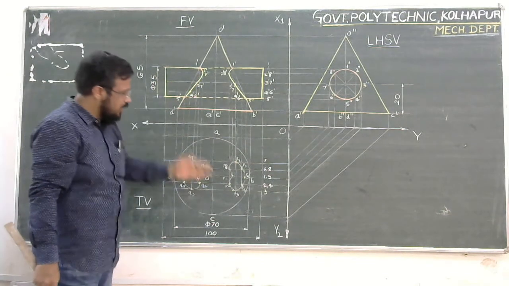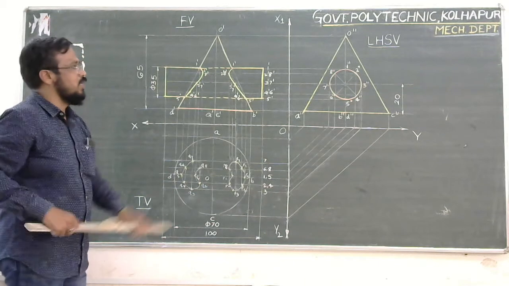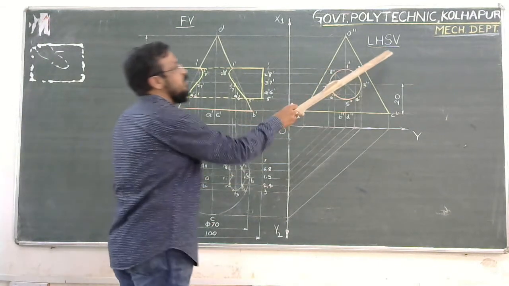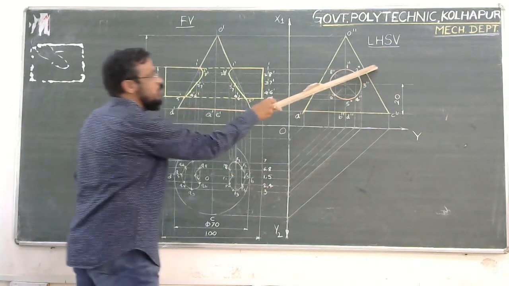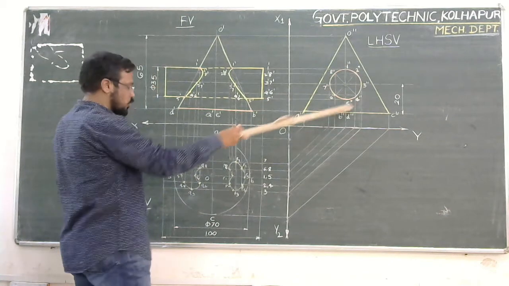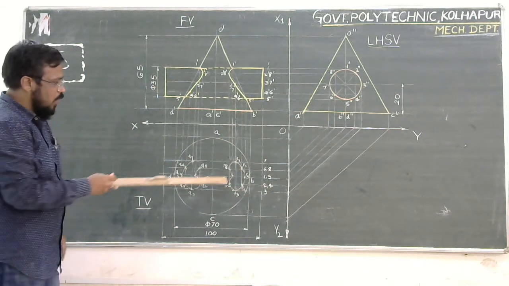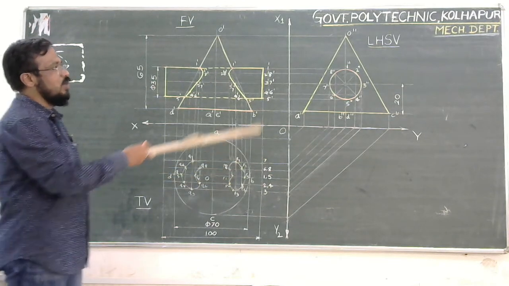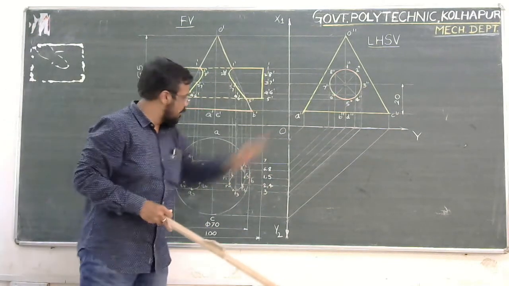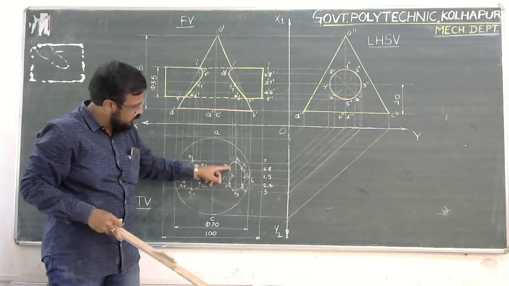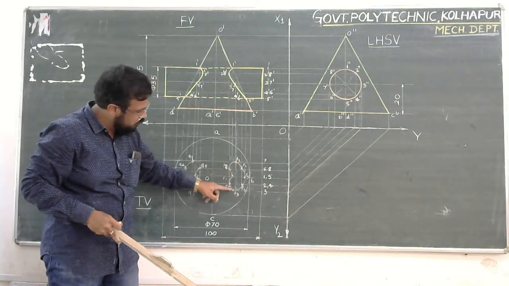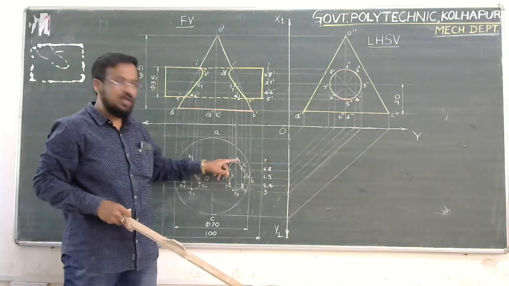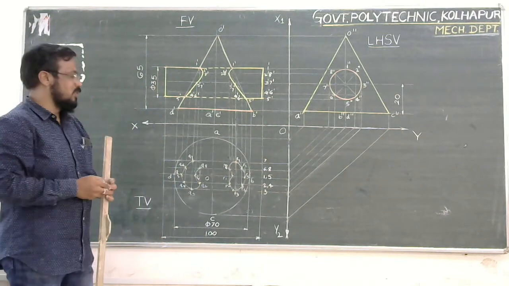Now the thing is, in the top view, what will be visible? See, from here onwards, the observer is looking from this direction. So the 1, 2, 3, 4 portion, which is exactly at the outer side of this, and up to 8 points. So this surface, which starts from 3, 2, 1, 7 to 8, that is clearly visible to us.